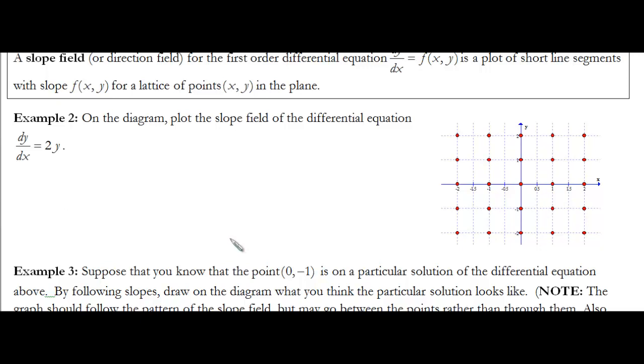Alright, so a slope field is nothing more than a plot of short line segments with slope. Notice here we have this differential equation, dy dx equals 2y. The derivative here only depends on the letter y. Most of the slope fields that you're going to see depend on both x and y, but this one just depends on y.